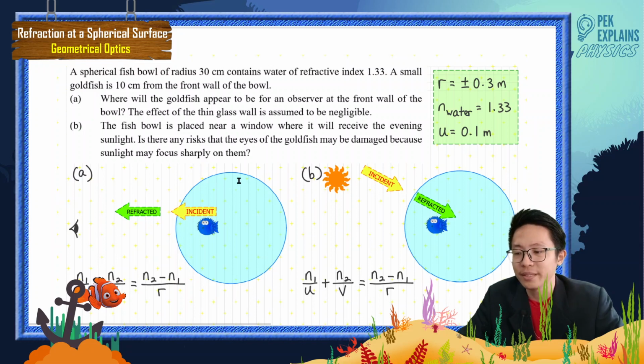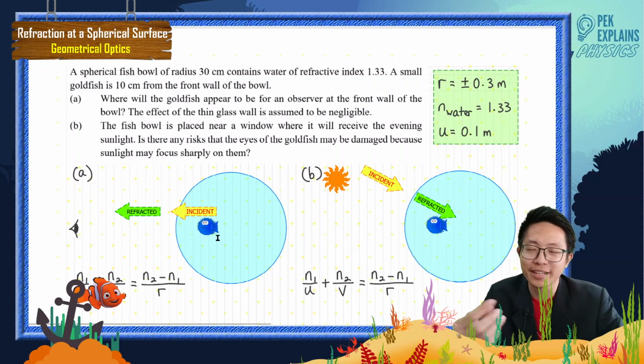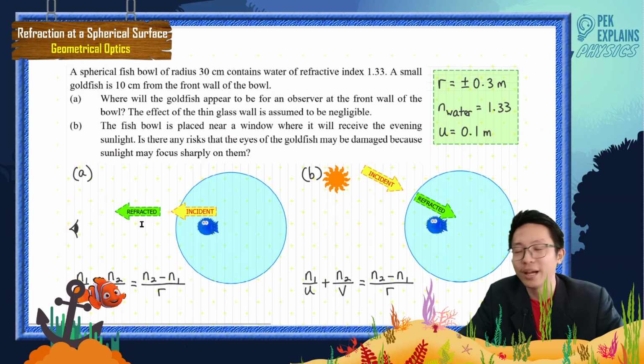This time, this is an aquarium, and the fish must, of course, be inside the aquarium, inside the fish bowl. The fish won't be outside. This is the object. Understand or not? This object, the fish, must of course be inside the water. How can the fish be outside the water?